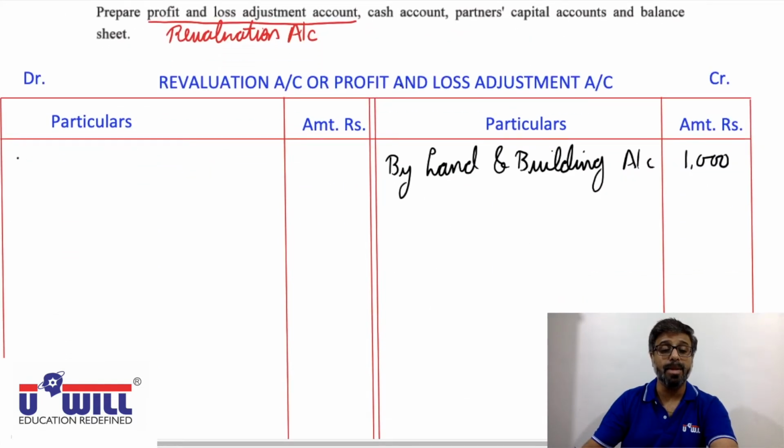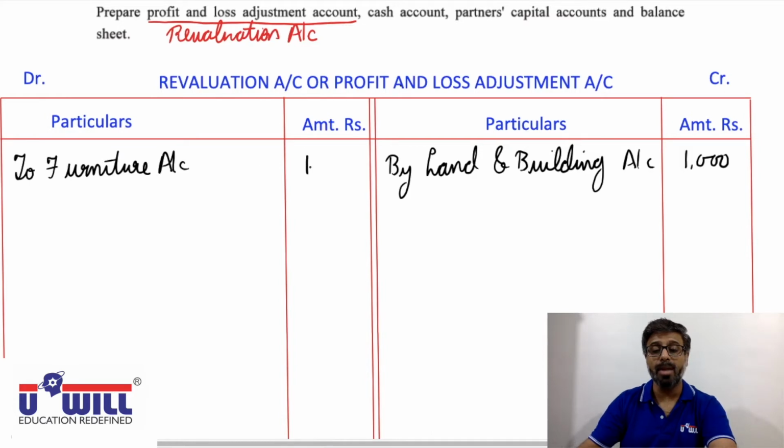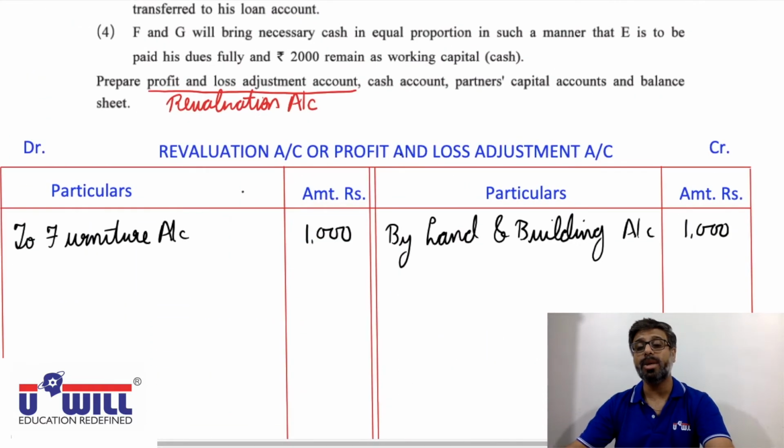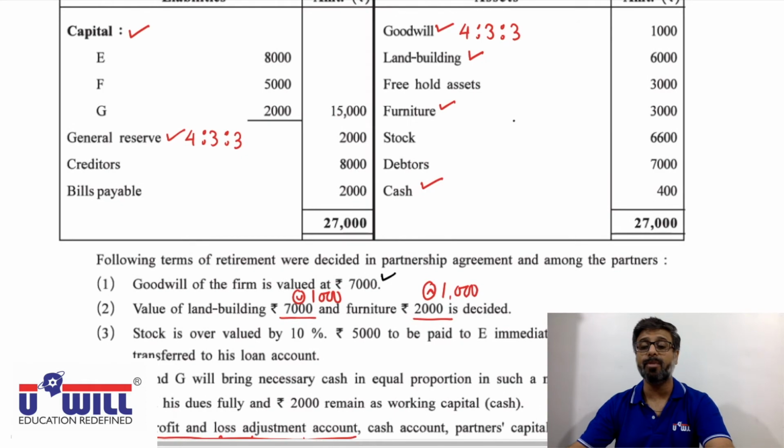Revaluation account debit. So in revaluation account on the debit side, opposite account to furniture account with the loss of 1000. And to furniture account: furniture is a debit balance but we credit it. So debit credit means minus from furniture.